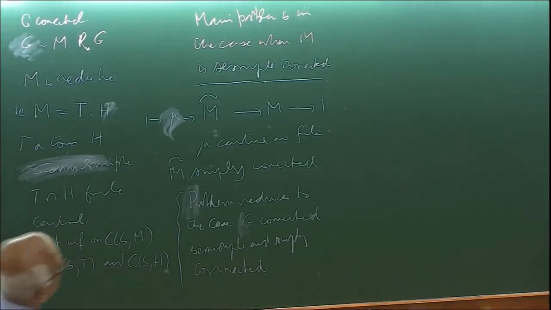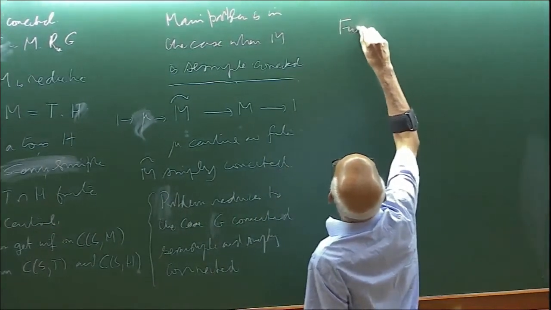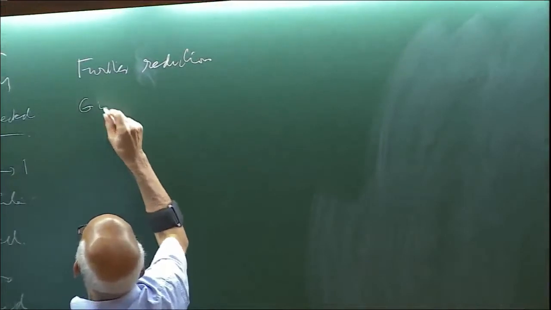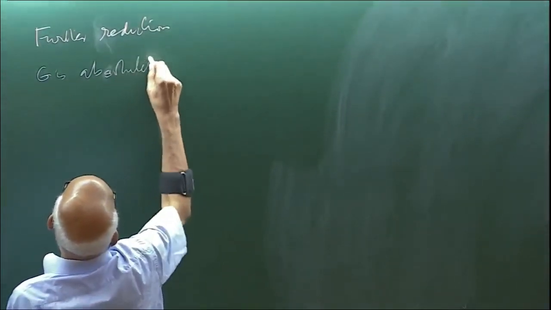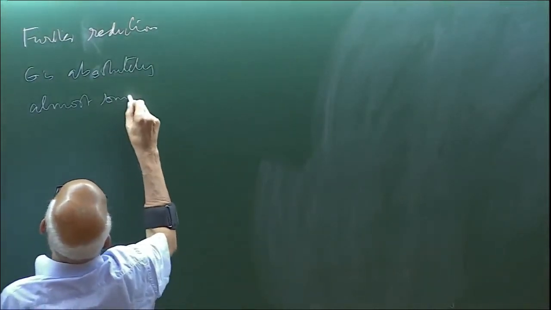Further reduction, finally. G is what they call absolutely almost simple; this is terminology introduced by Weil.